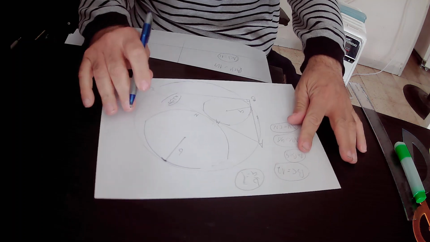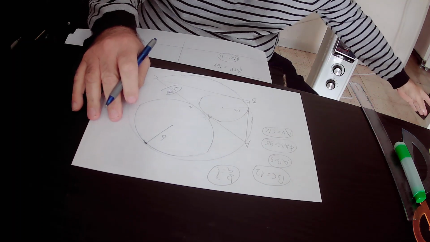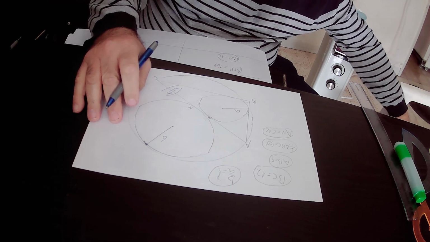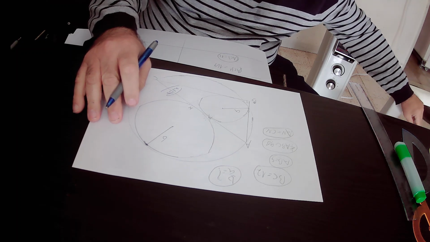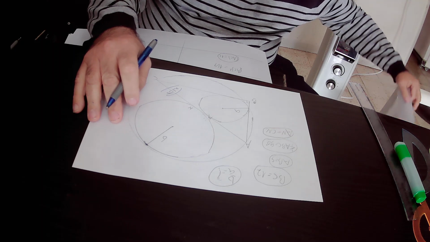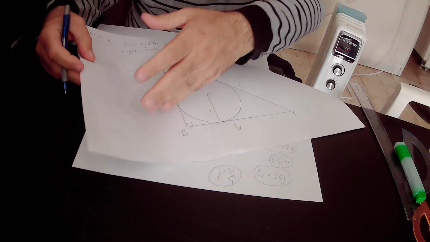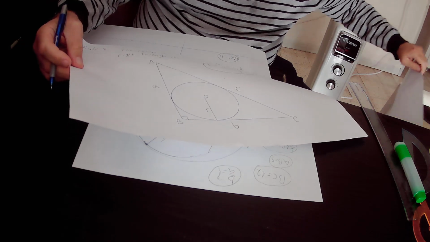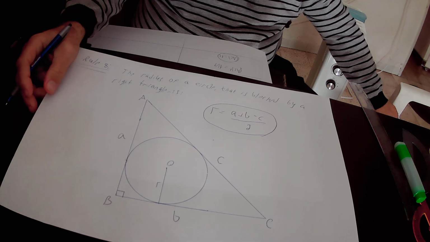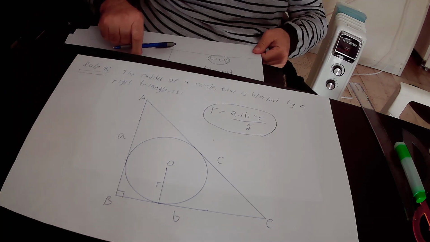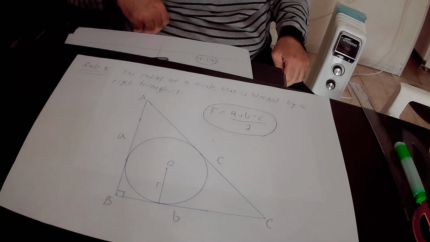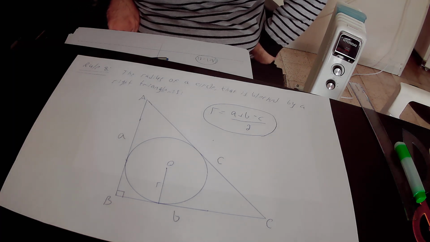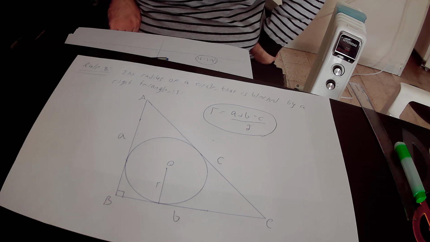In the next step, I present to you a new rule, number 8, and we'll implement rule number 8 in our drawing. According to rule number 8, the radius of a circle that is blocked by a right triangle is equal to R equals A plus B minus C over 2.